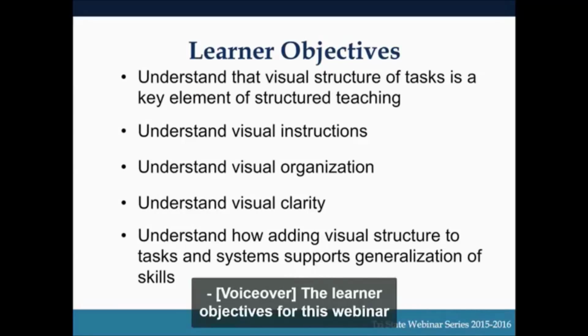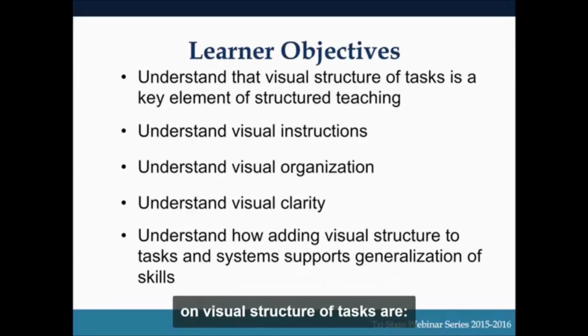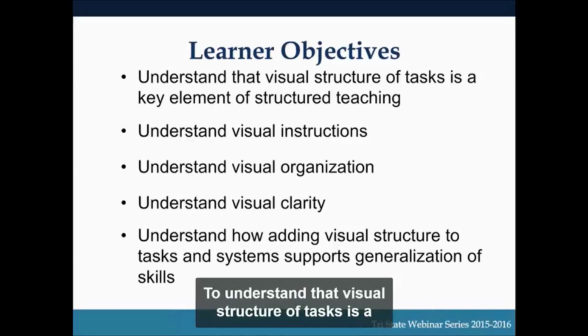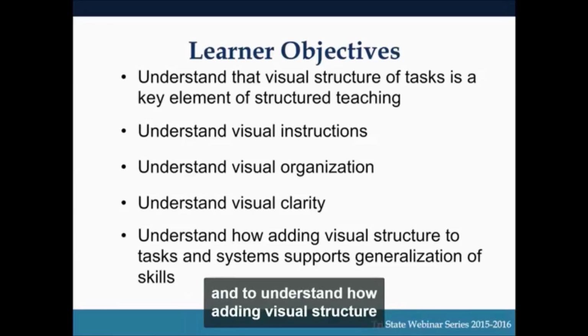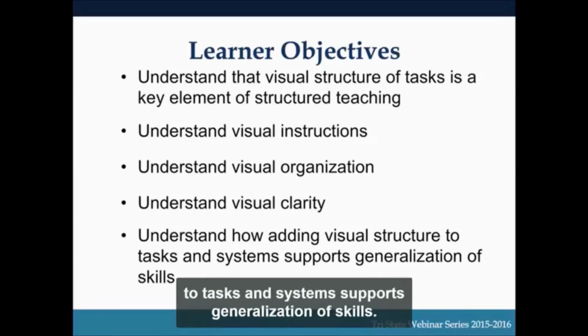The learner objectives for this webinar on visual structure of tasks are to understand that visual structure of tasks is a key element of structured teaching, to understand visual instructions, to understand visual organization, to understand visual clarity, and to understand how adding visual structure to tasks and systems supports generalization of skills.